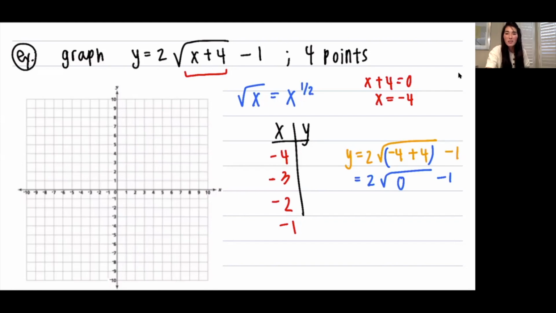So a square root is actually an exponent. So that is part of PEMDAS, or the E of PEMDAS. So you would do exponents next. So in this case, this would be equal to 2 times the square root of 0 is 0, and then minus 1. So 0 minus 1 is going to be equal to -1. So that would be our first answer.